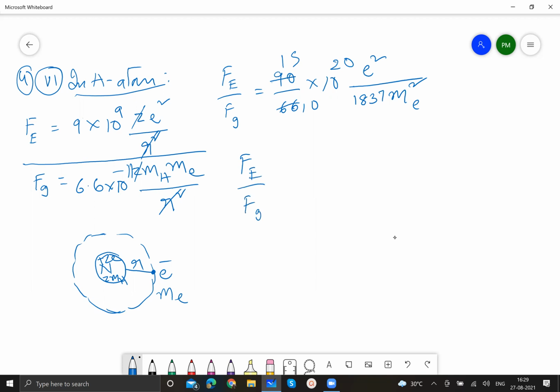So Fe by Fg, simplified, is 9 by 6.67 into 10 to the power of 20 into E square. General formula I am writing as E square by Mp Me.